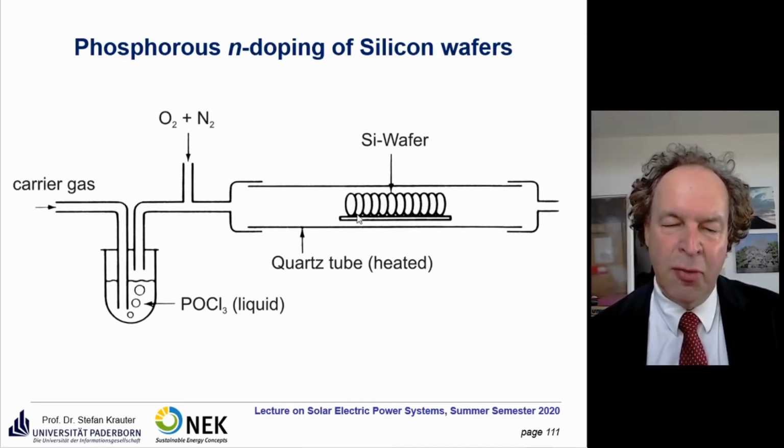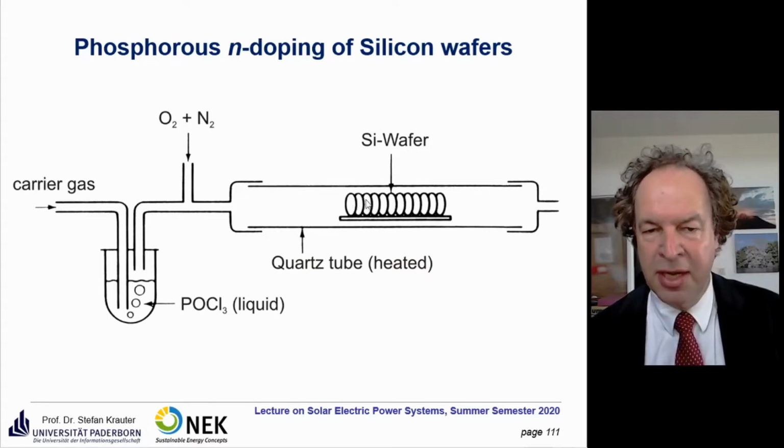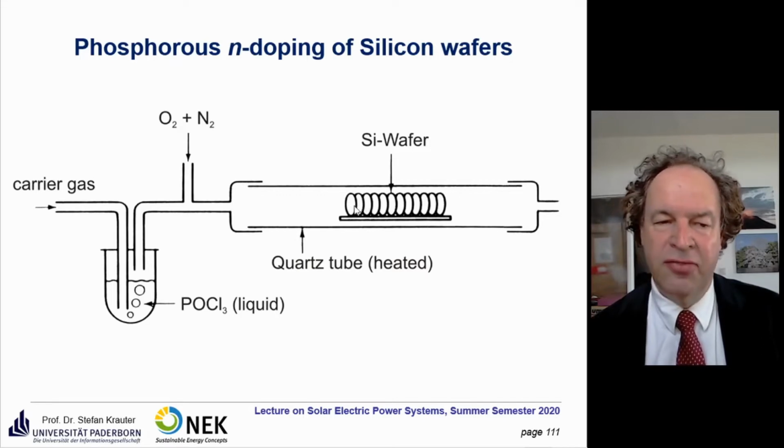You have to do it in a quite defined way at a defined temperature and just for a defined time. So you don't want the whole wafer being doped by phosphorus, only a part. Usually it's the upper part, which is doped to a certain depth by the phosphorus atoms.